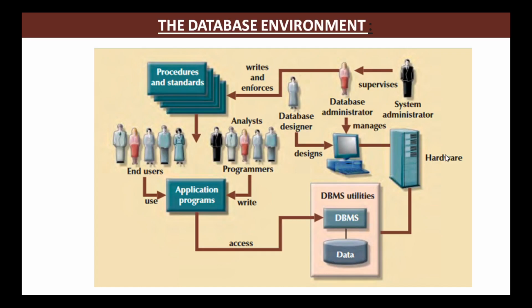Where there is hardware, there must be software. We need some DBMS software, and every system must contain an operating system. Without an operating system, we cannot run other software. That means the second important component is software. And third, some procedures and standards. Every organization, every system must follow some procedures and standards.